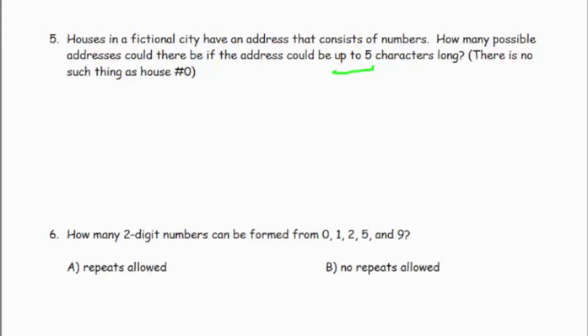Up to 5 characters long means it could be 1-digit, 2-digit, 3-digit, 4-digit, or 5-digit. Really, think about this: we have numbers from 1 to 99,999 available to us. How many numbers is that? Without too much math, I believe that's 99,999.